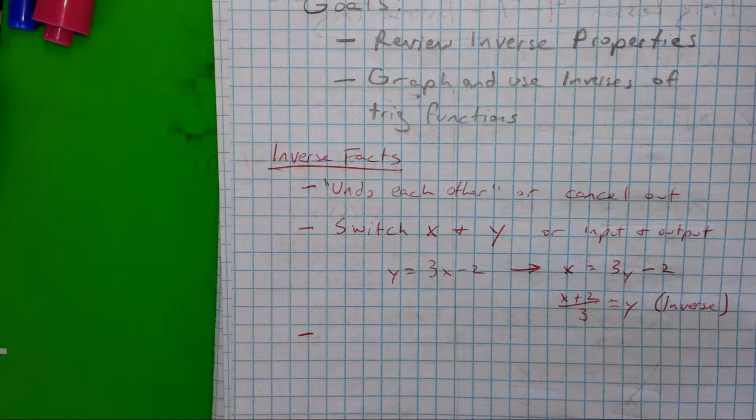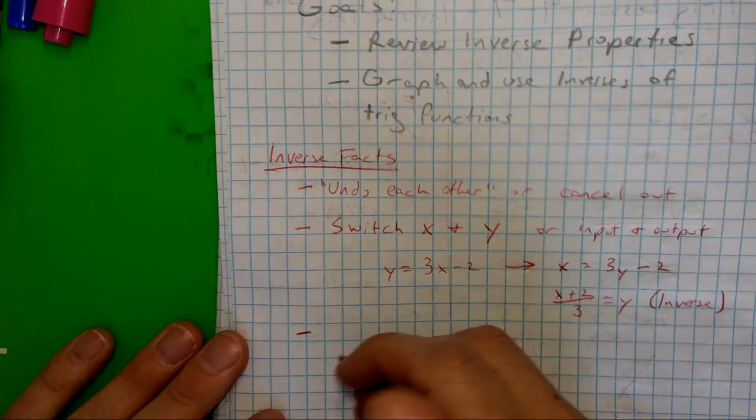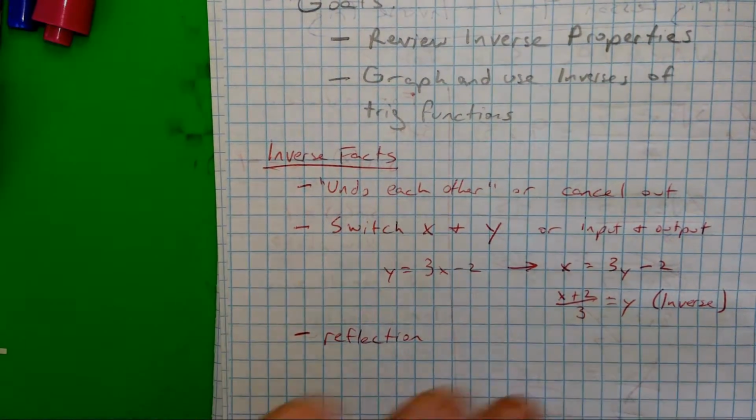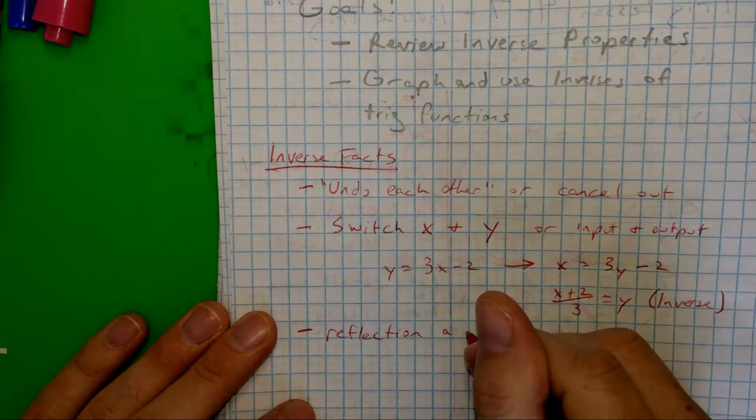What about on a graph? If I have the graph of a function, how could I graph its inverse? Ashley? A reflection across y equals x. Yeah, on the graph, the inverse is reflected across the line y equals x.